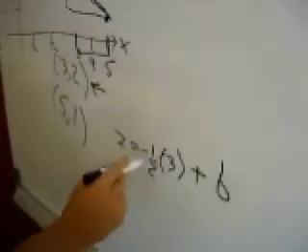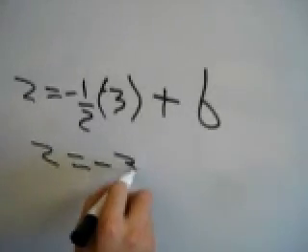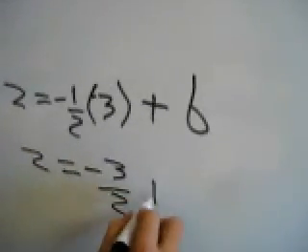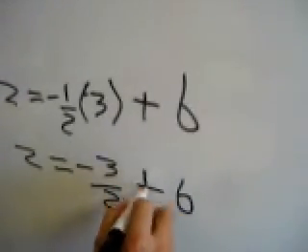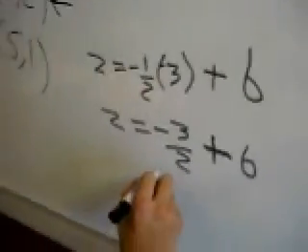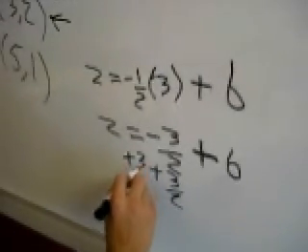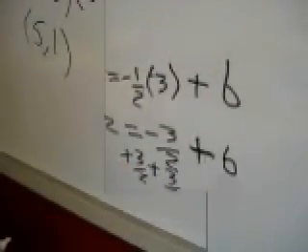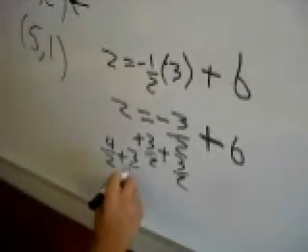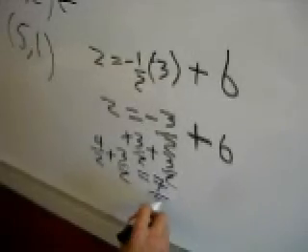So we multiply this out. So we have 2 equals negative 3 over 2 plus b. And I know all you guys love fractions, so what we gotta do is add 3/2 to both sides. So making 2 into a fraction, we have 4 over 2 plus 3 over 2 is equal to 7 over 2.